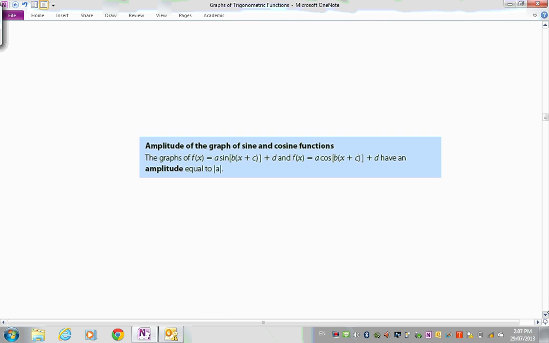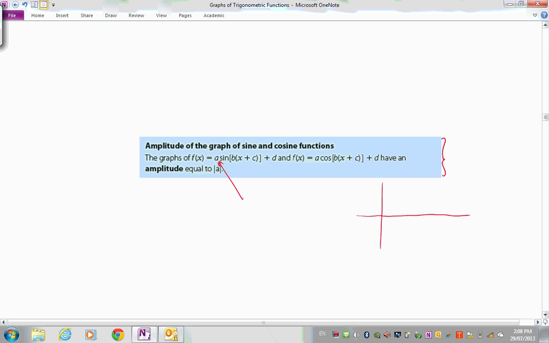Come down. What have we got? Here's our definition. The amplitude of a sine or cosine function is the size of that number in front. So even if we reflect it in the x-axis and put neg 2 there, it's the size of that 2 that will give us the amplitude. So let's do one here.